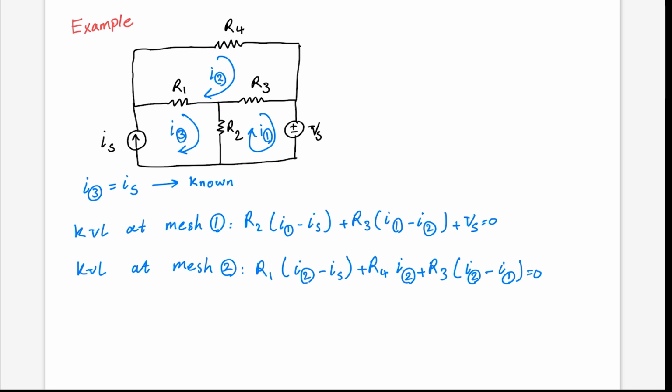So we have 2 unknowns and 2 equations, and we can find both I1 and I2.